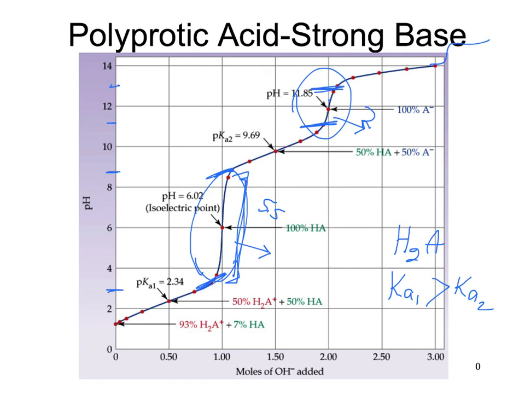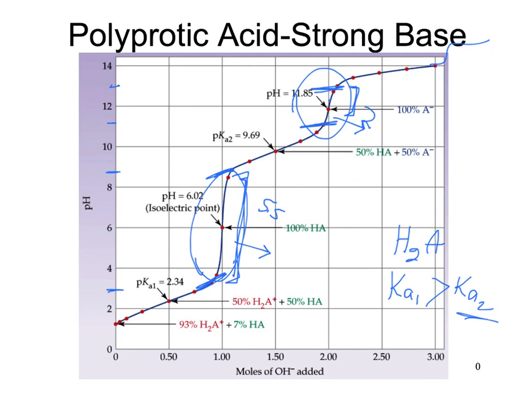Of course, it will be more difficult to remove that second proton, because now you are trying to remove the proton from something which is already negatively charged, and that is reflected in the Ka, in just the inflection point. So the size of the pH change is reflected in that, but the volume that's required to reach each of the equivalence points is going to be identical.